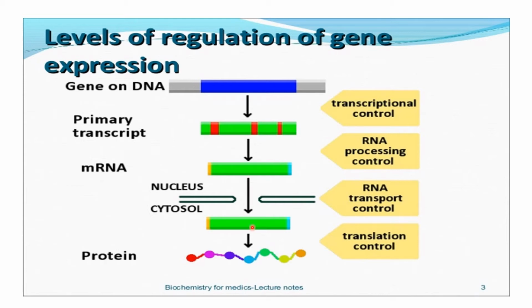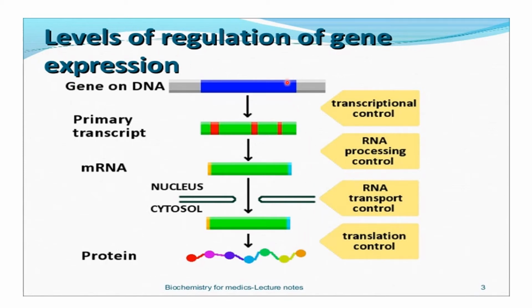In eukaryotes, after the post-transcriptional modification, translation is started. When translation has started in the cytosol, it undergoes further post-translational changes. All of these levels are responsible for mediating the regulation of gene expression.